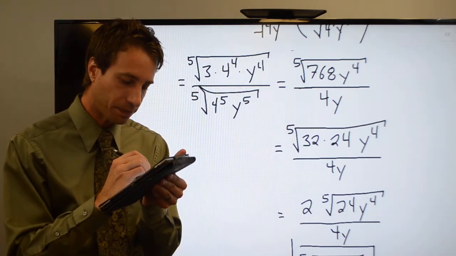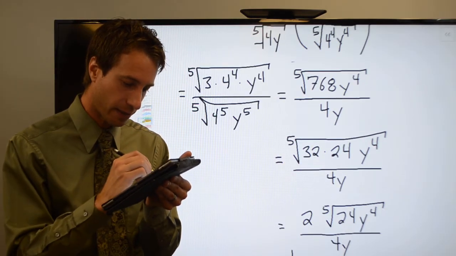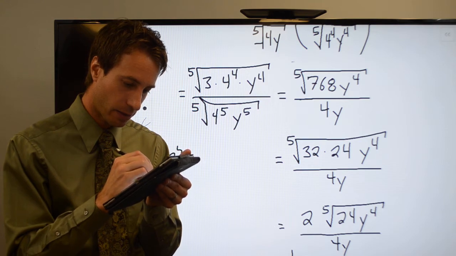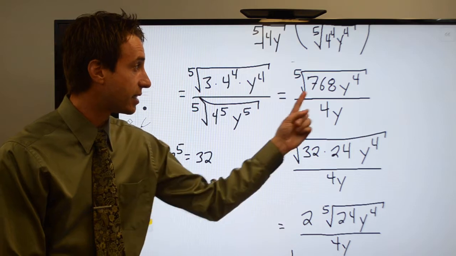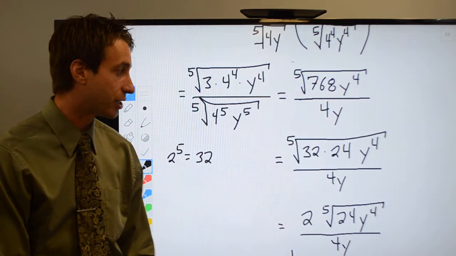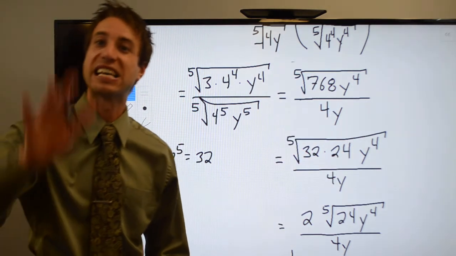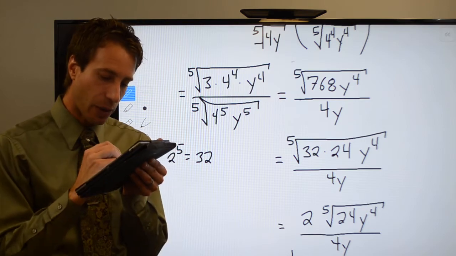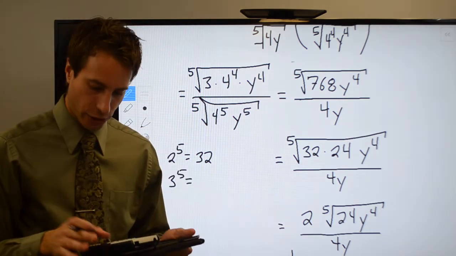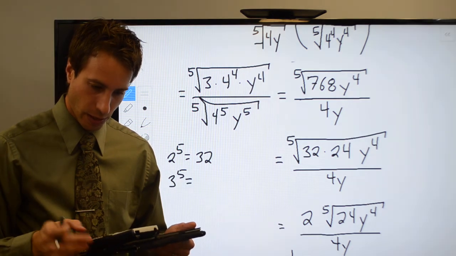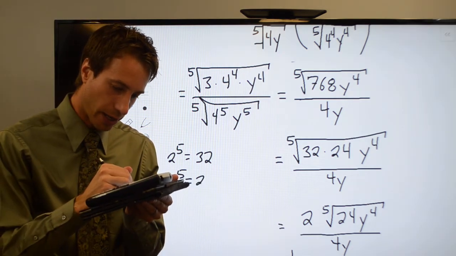What I would do is 2 to the fifth, which is equal to 32. And check to see, is 768 divisible by 32? It turned out it was. If it wasn't, I would then do 3 to the fifth, which is 243.